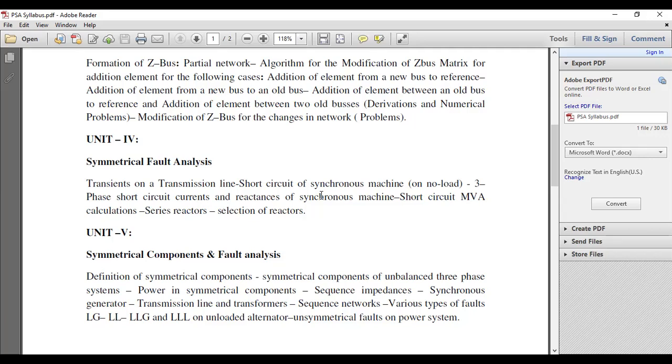Obviously, you know the difference between a stable power system and an unstable power system. Sometimes because of abrupt changes, the steady state system is disturbed for some time, and later it is brought back to the original state, that is different.